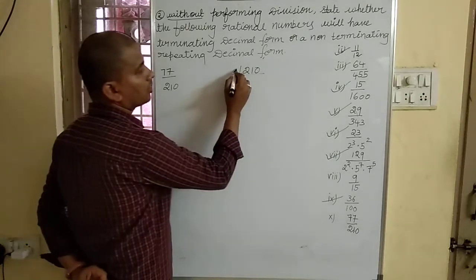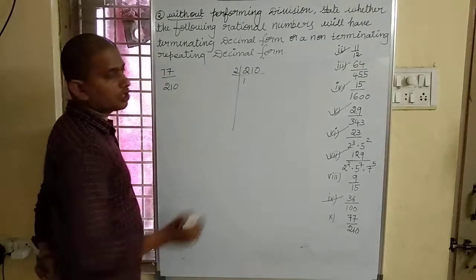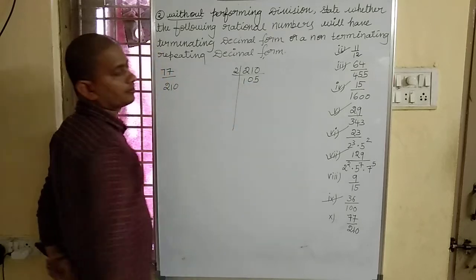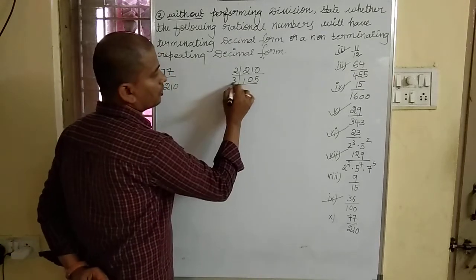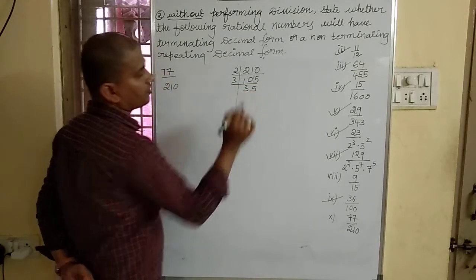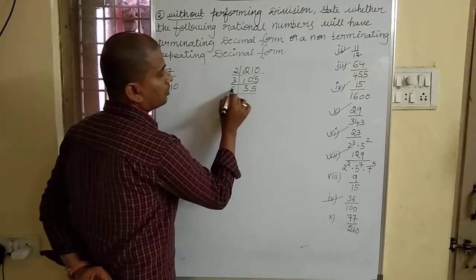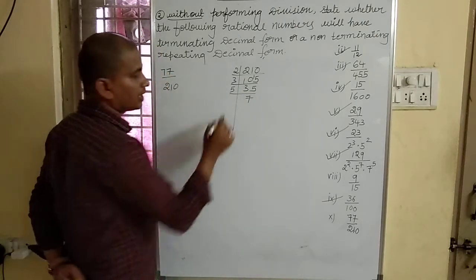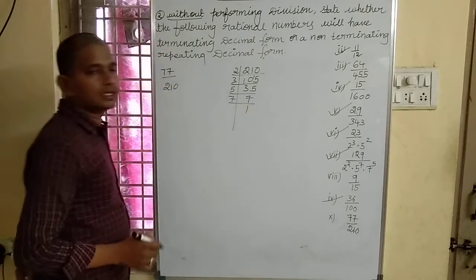You can see here: 2 table, 2 1s are 2, 2 5s are 10; 3 table, 3 3s are 9, 3 5s are 15; 5 table, 5 7s are 35, 7 1s are 7.